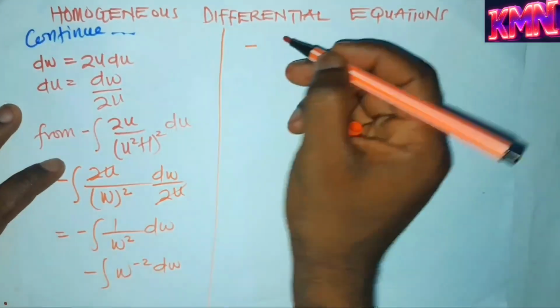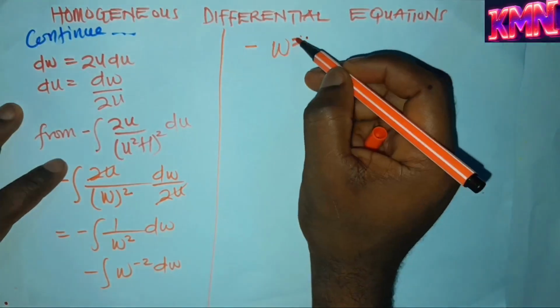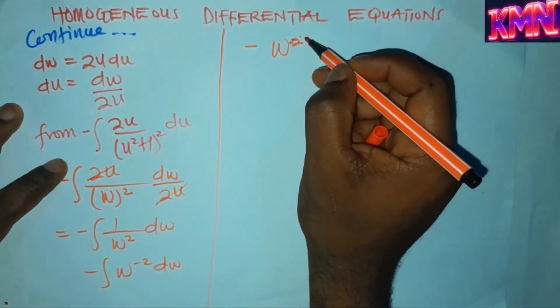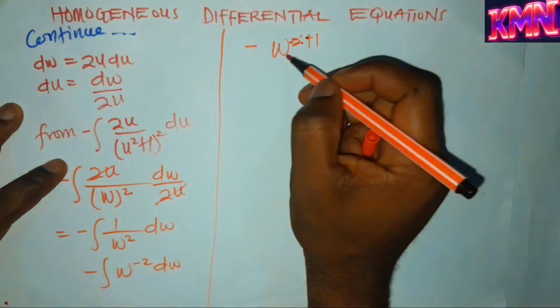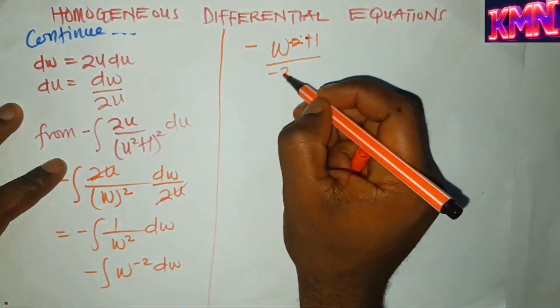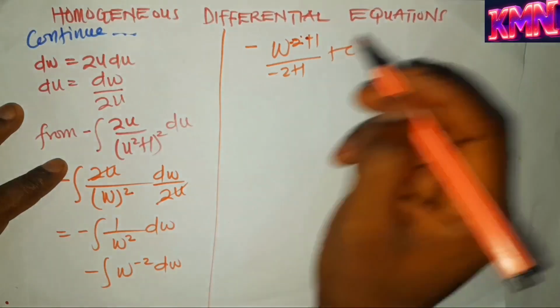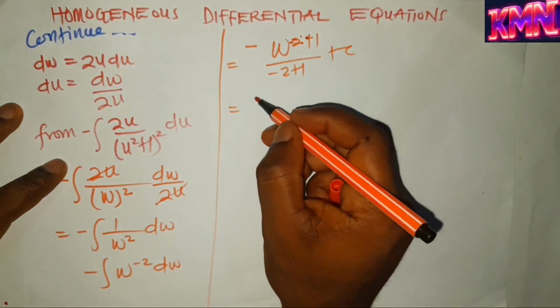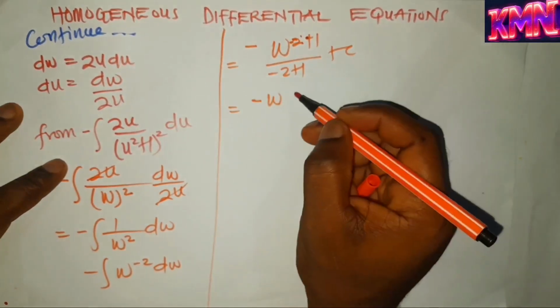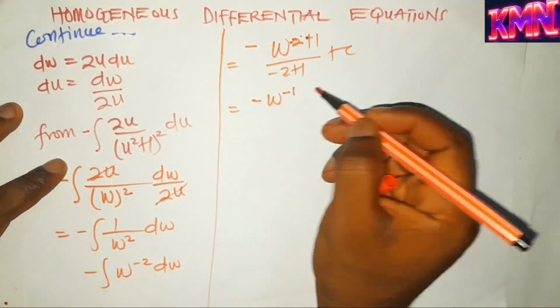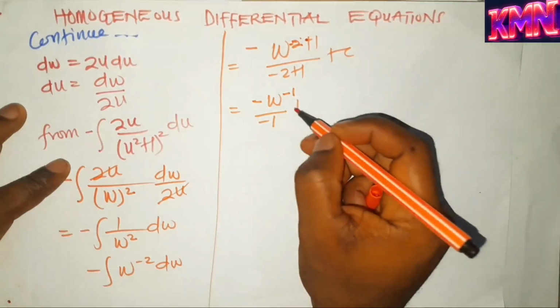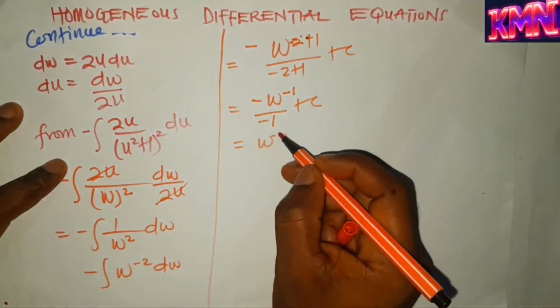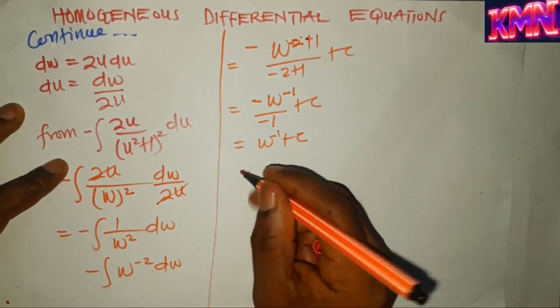So integrating, we have negative w^(-2+1) all on (-2+1) plus c. When we simplify, we are getting negative w^(-1) on negative 1 plus c, and that will be w to the power negative 1 plus c.